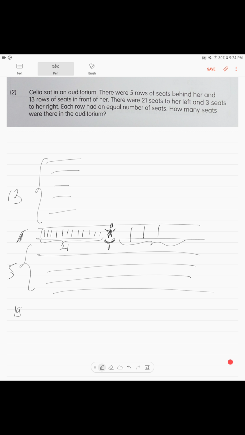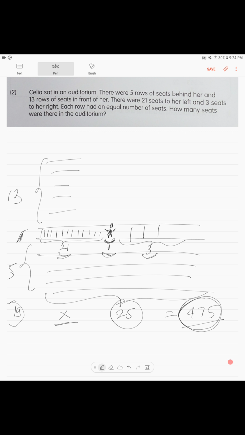So if we calculate how many seats in the row, 21 plus 1 plus 3, 1 row is 25. 19 rows, 25 seats each, multiply, and your answer is 475. 475 seats in the auditorium. 19 rows, 25 seats in the row, total amount 475.